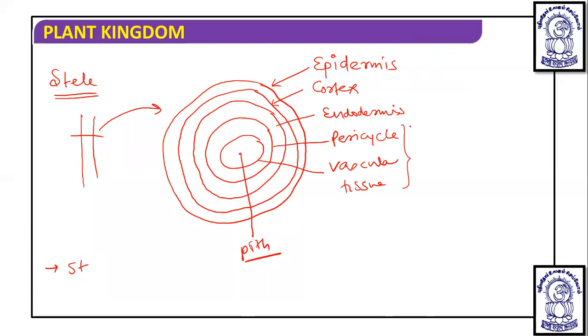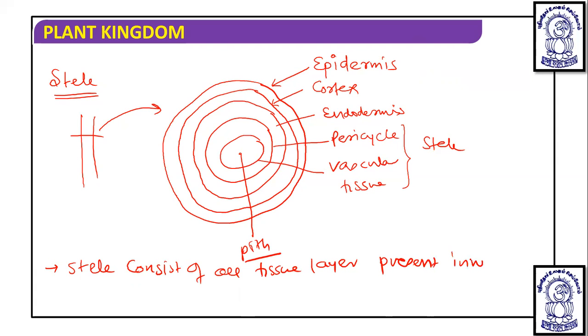The stele consists of all tissue layers present inner to the endodermis. It means it consists of the pericycle, vascular tissue and pith.